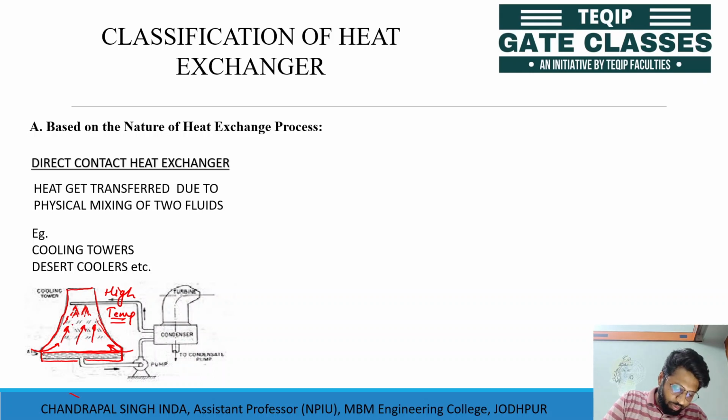So when it comes in contact with these droplets of the fluid, there is a mixing of these two fluids, meaning air and water. This is how the temperature of the water decreases and it settles down into the sump tank, and this is again recirculated to the condenser with the help of a pump. So this is how the cooling tower works.